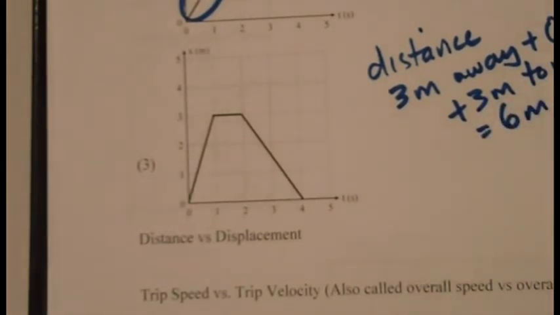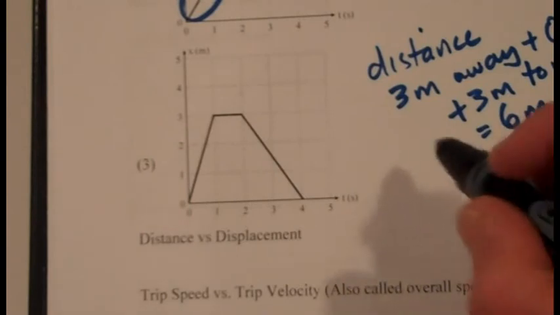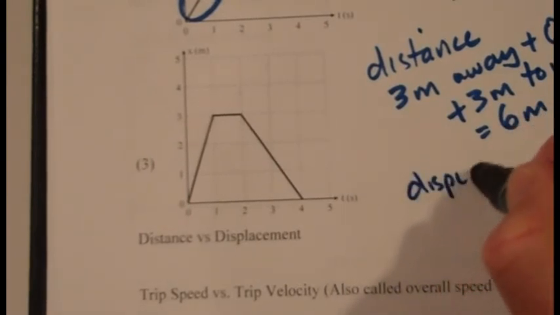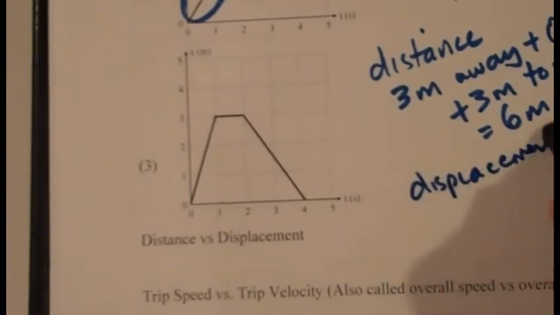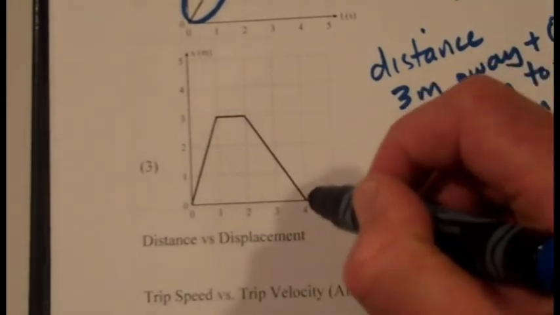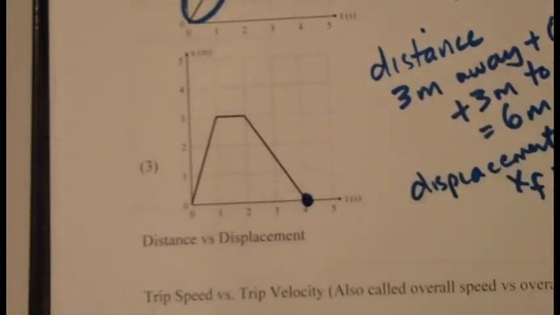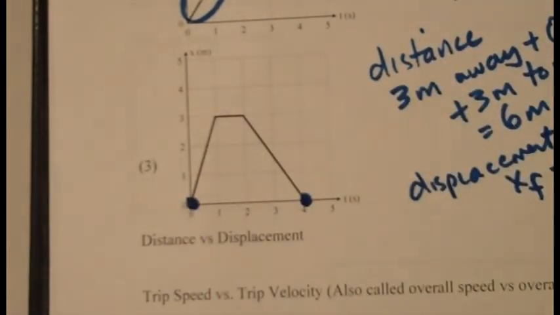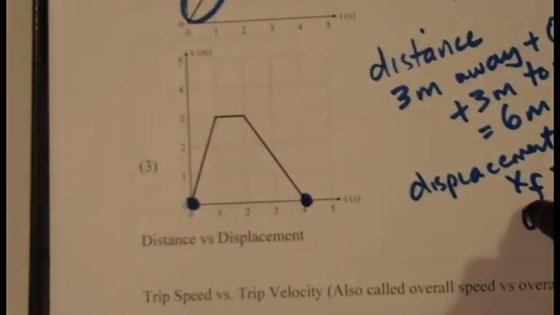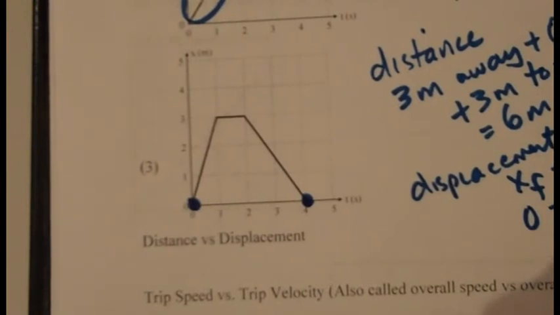Now, we have to contrast that with displacement. We said displacement is x f minus x sub i. Well, you ended up at the reference point, and you started at the reference point. So you'd have 0 minus 0, or 0 meters.